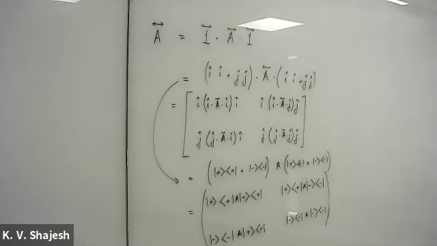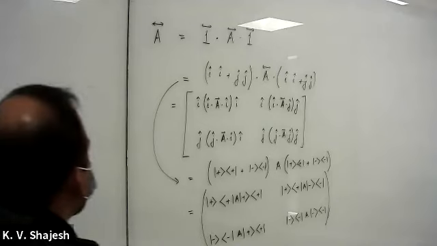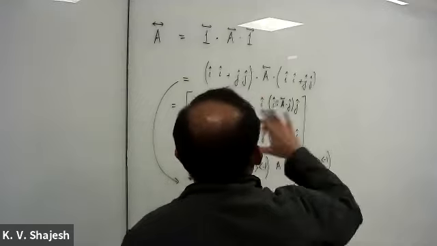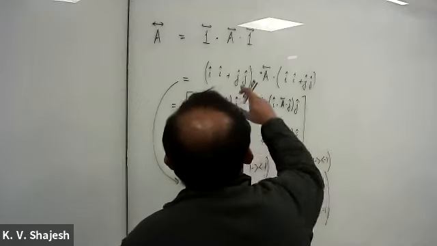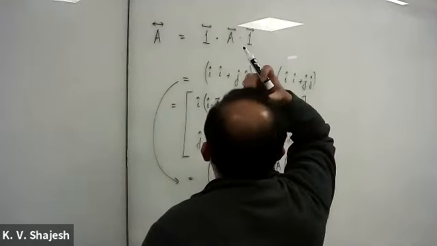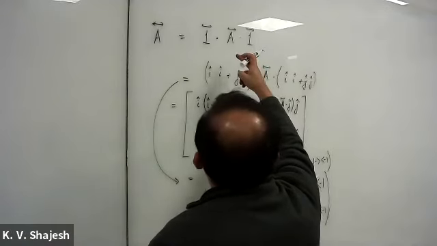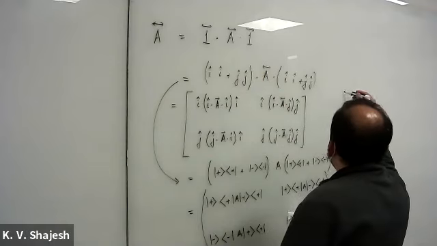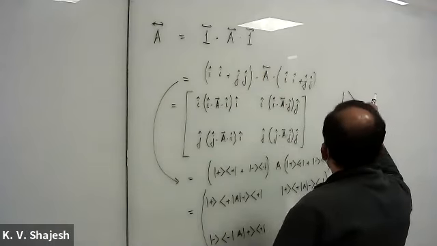That kind of explains wrapping the brain around the notation. Maybe I can add something, because when I teach bracket notation, there is one more thing. I told you that there are many bases. So in Dirac's notation, this is any vector.